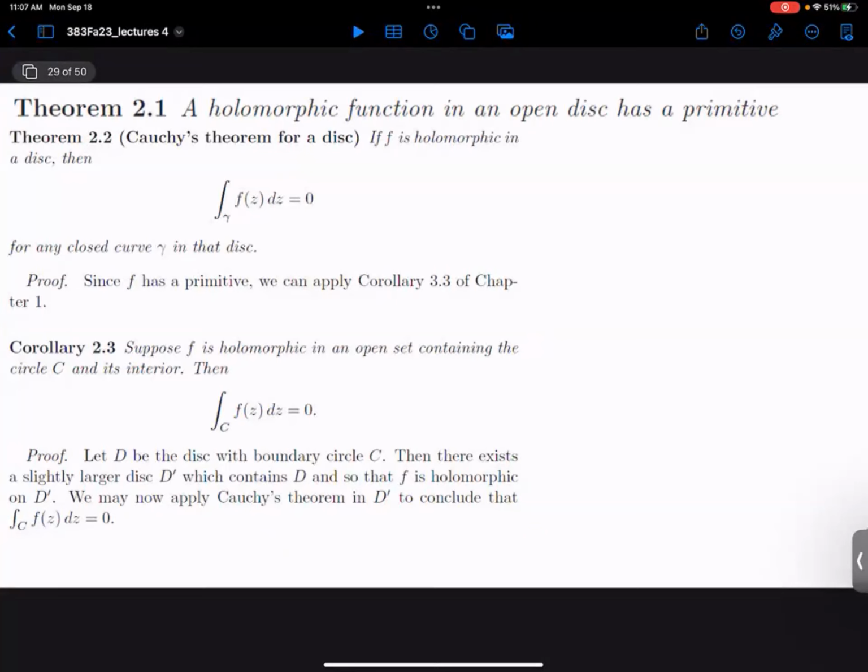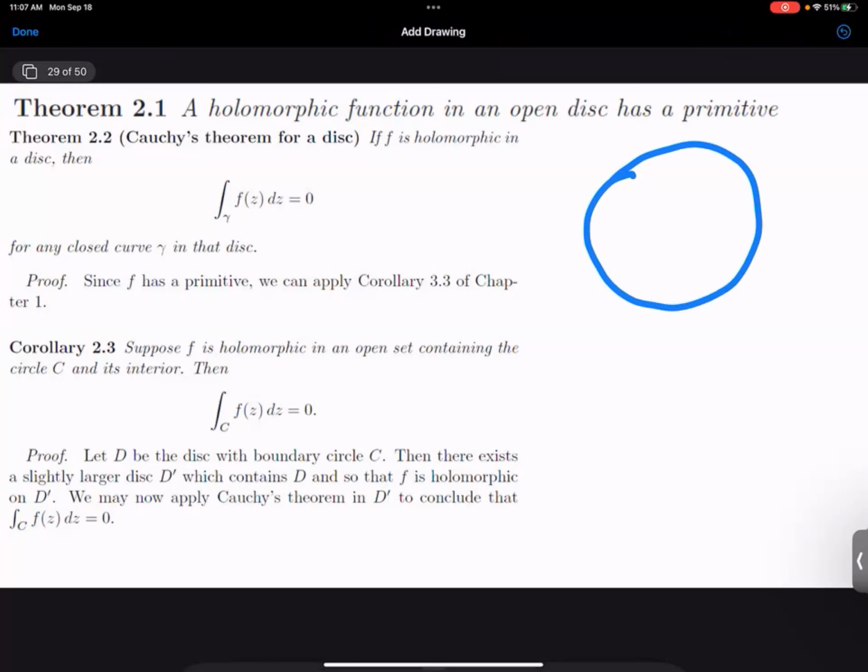We already have that if a function has a primitive, then the integral over any closed curve is 0. That was corollary 3.3 of chapter 1. And so the key fact here is that if f is holomorphic, then it has a primitive. The nice corollary is that if f is holomorphic in an open set containing a circle C, then this integral is 0. This is basically what you would expect. All right, and so here, you just have some picture.